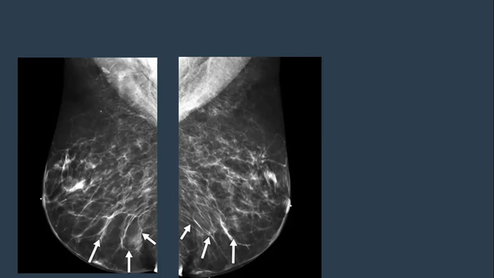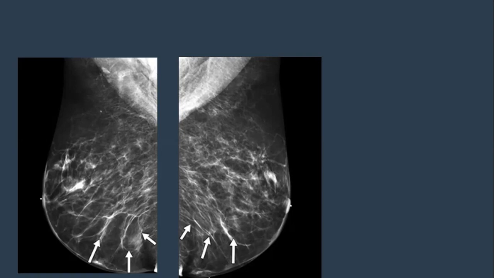Okay, at the inferior aspect of the right breast, there is an area of architectural distortion by the shortest arrow. Okay, I will ask about the history of this patient.